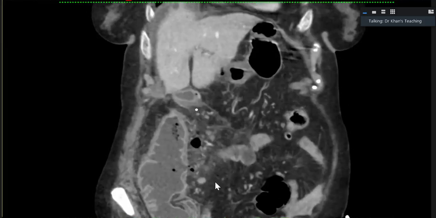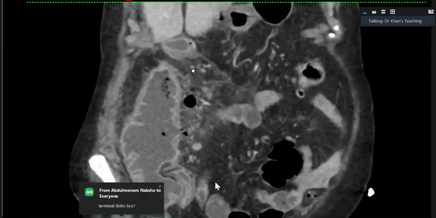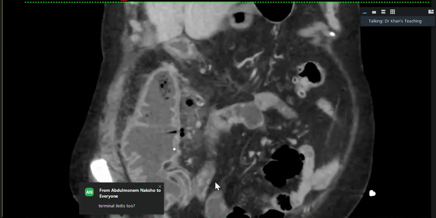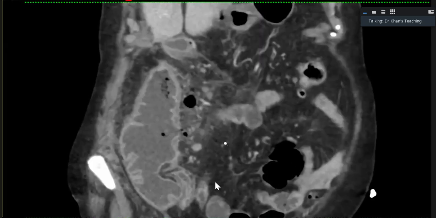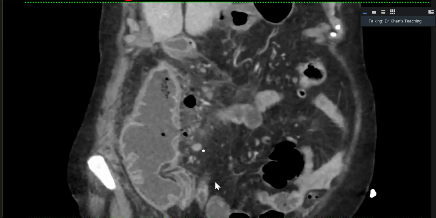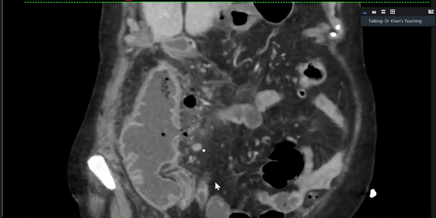Because of that, there is proximal dilatation. So this is the point of transition. If you measure it, this is close to 5.8 to 6 centimeters. Of course, cecum up to 9 centimeters is taken as impending signs of perforation.